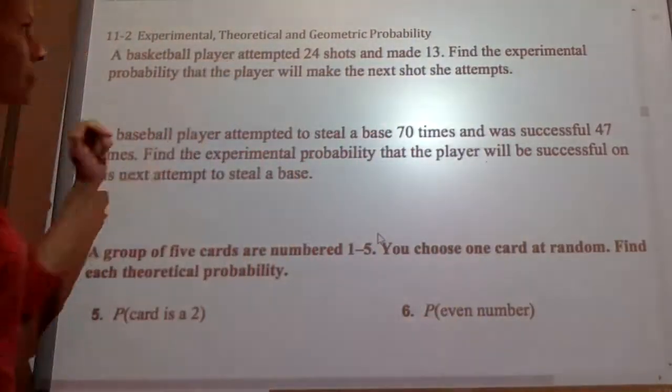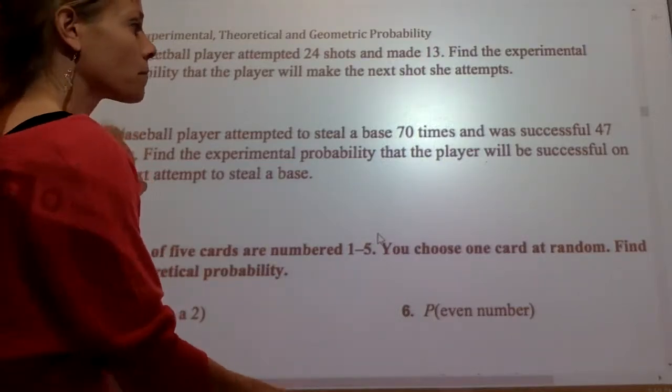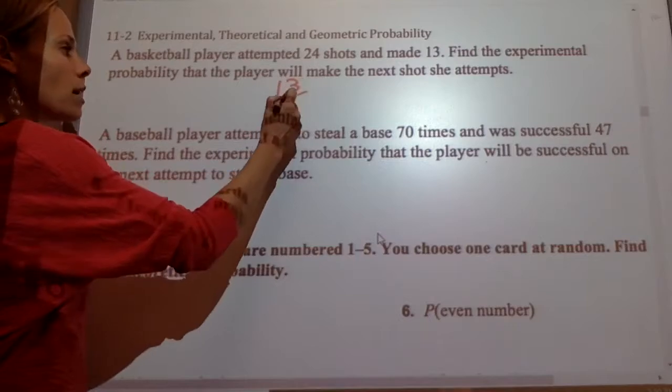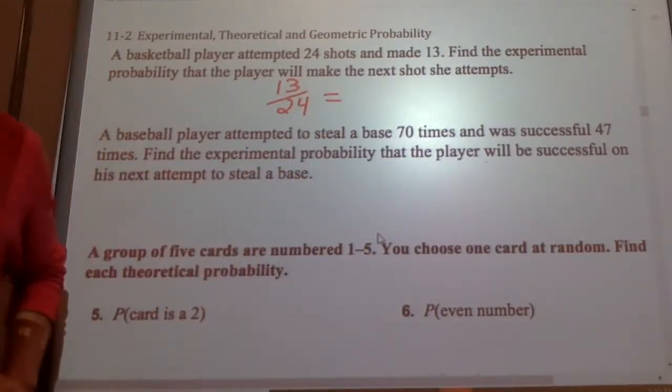A basketball player attempted 24 shots and made 13 of them. Find the experimental probability that the player will make the next shot she attempts. So probability, you should know, is favorable over total. So my probability here is what? 13 out of 24. And for probability, I will take decimal or percent.